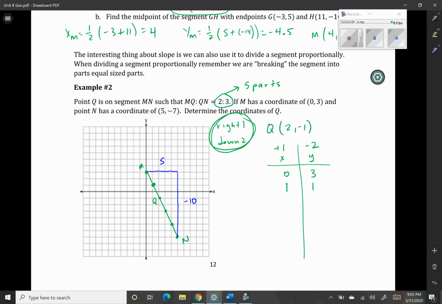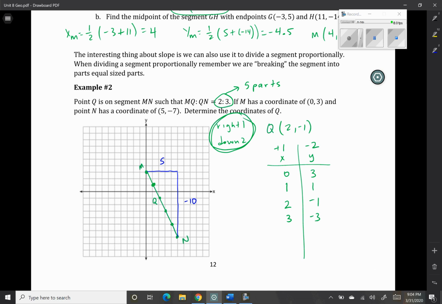If I do that again, if I add 1 to 1, I get 2. If I subtract 2 from 1, I get negative 1. And I'm going to keep going with this pattern until I get the point N. So if I add 1 again, I'm at 3. If I subtract 2 again, I'm at negative 3.